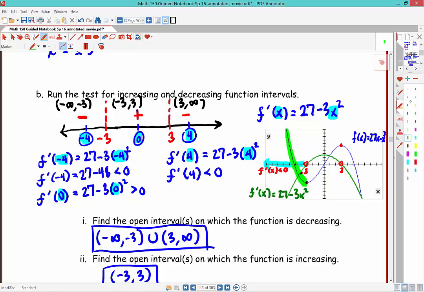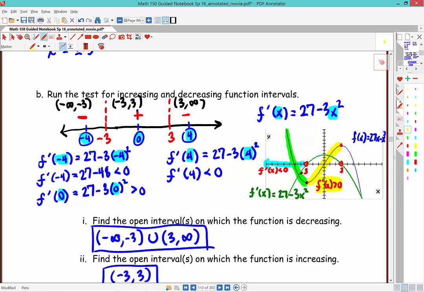Then here, in that middle interval, do you see that f prime of x was greater than 0? And that happened on this picture of the graph going here, right? So this is when our derivative function was positive.